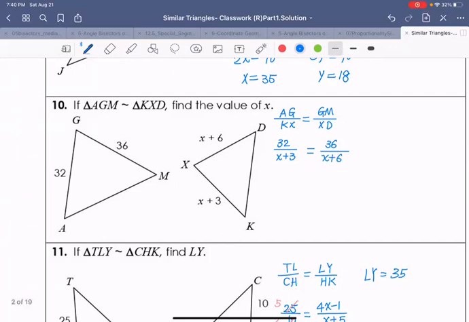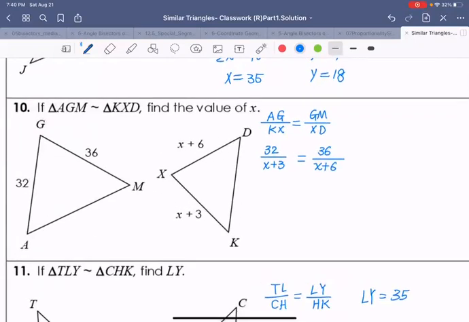We might want to try to simplify the top numbers first. 32 and 36, we can change to who? 8 and 9. And then we can do the cross multiplication. Go ahead, please.